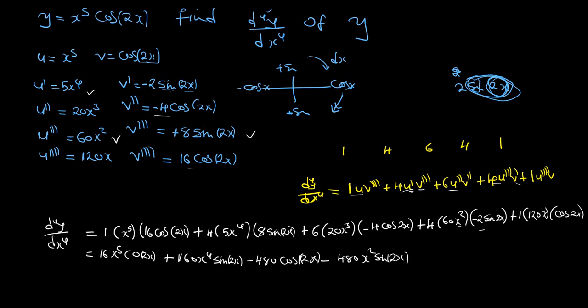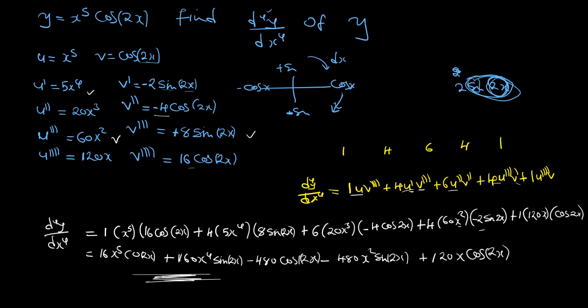The last thing I can write now is we multiply 120 times 1, which is just 120x, then cos 2x, like that. So that is it. This is the answer, the fourth derivative, or just d^4y/dx^4.